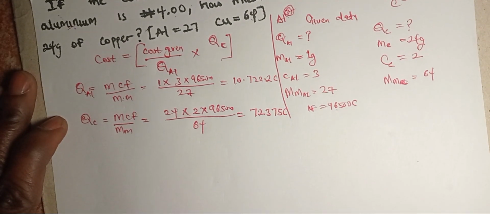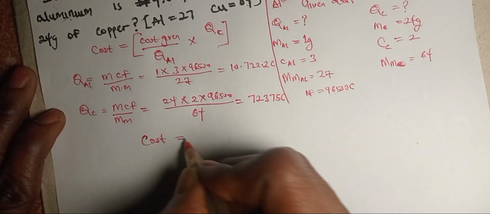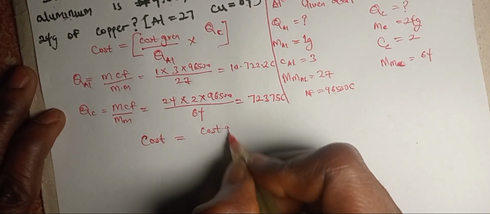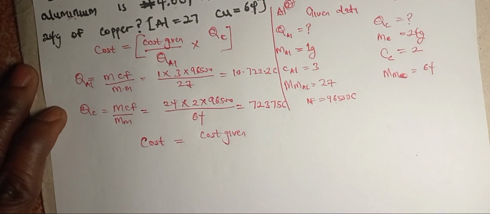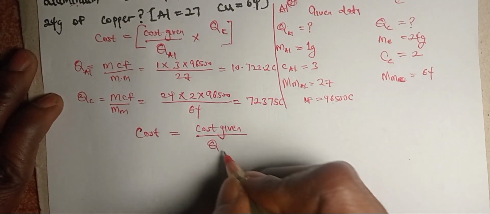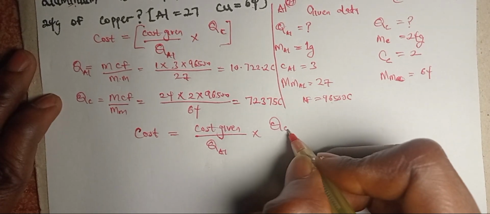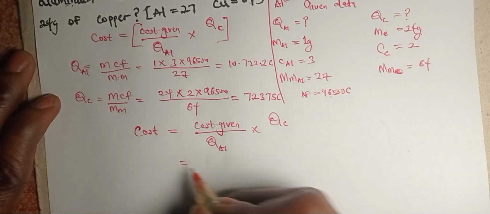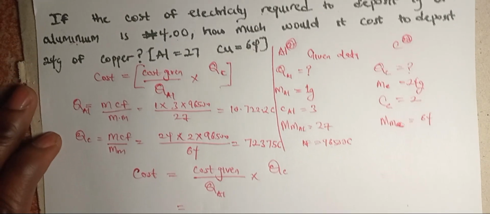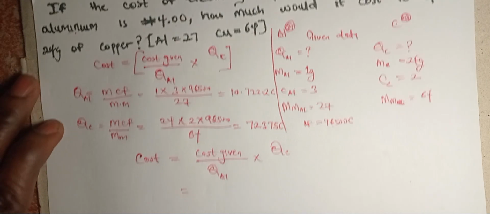Having done all this, I now want to use our normal formula to calculate the cost. Cost will be equal to the cost given upon the quantity of electricity for the aluminium multiplied by the quantity of electricity for the copper. The cost from the question is 4, so we copy it there.